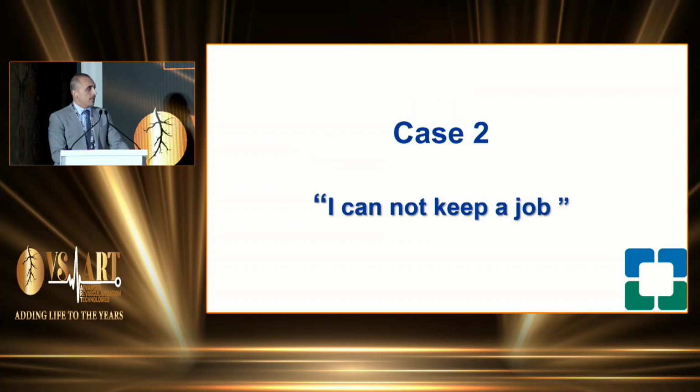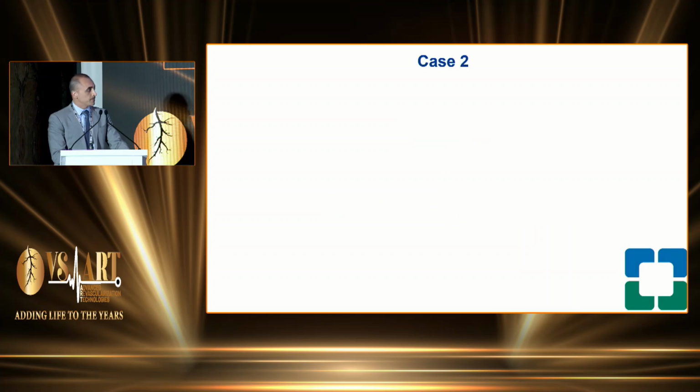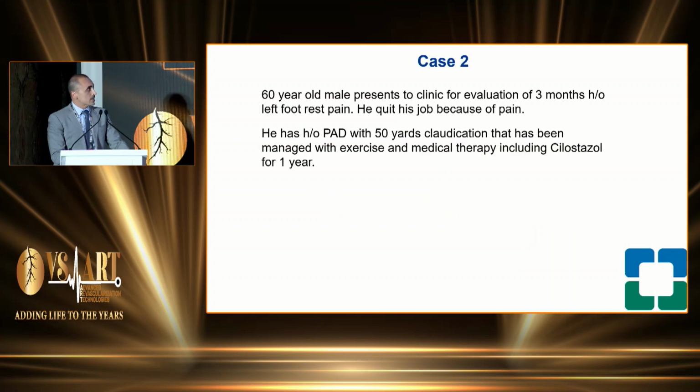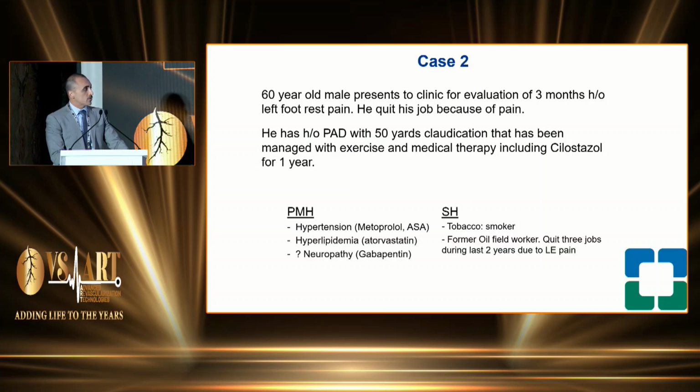Another example, I have a patient who couldn't keep a job due to his leg pain. He's a 60-year-old male patient, also with short distance claudication that we managed clinically for a year because he continued to smoke and we didn't offer him surgery. His symptoms worsened and progressed to rest pain for the last 3 months.